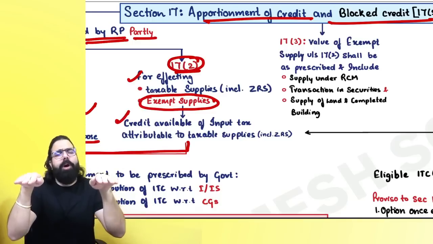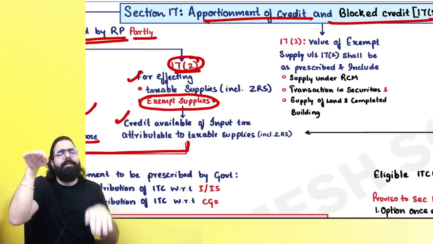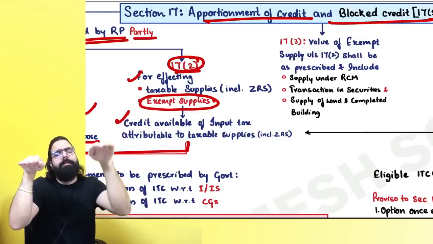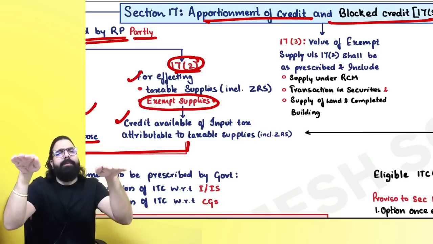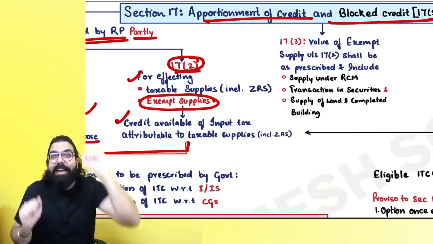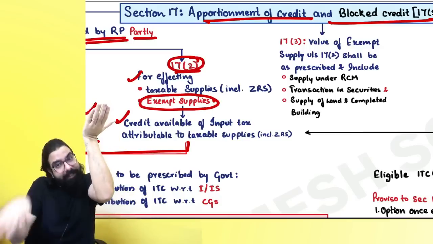Normally, exempt supply means nil rated, wholly exempt and non-taxable supply. Now if the government increases the definition of exempt supply, I will get less credit, because more exempt supply means less credit.